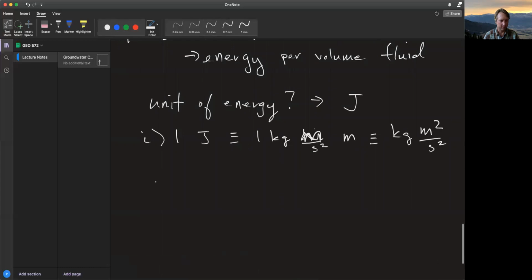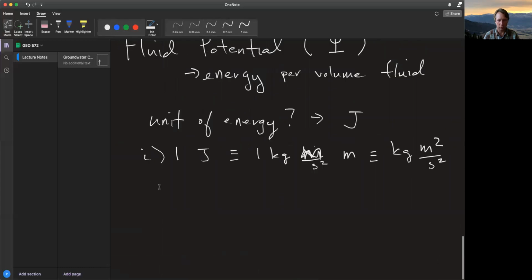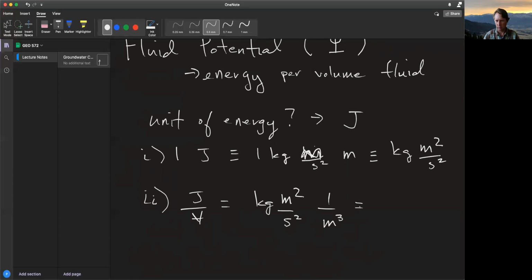All right, so 1 joule per unit volume is equal to kilogram meter squared per second squared times 1 over meter cubed.